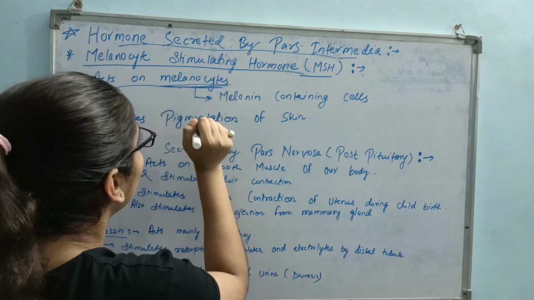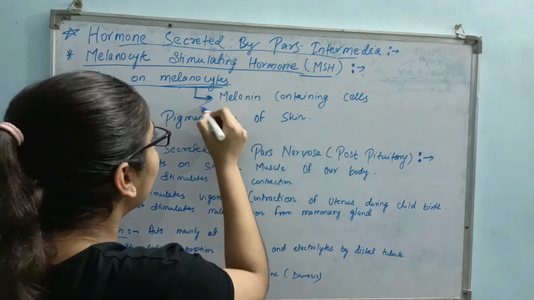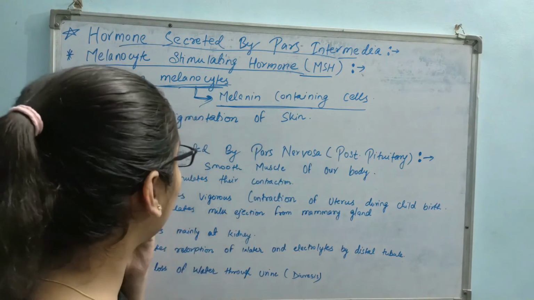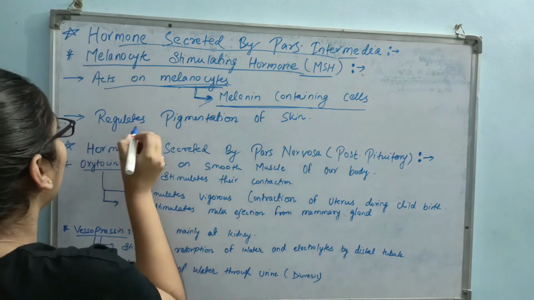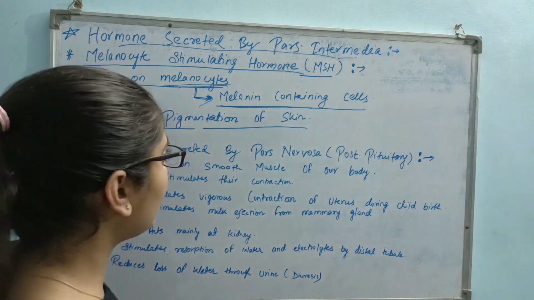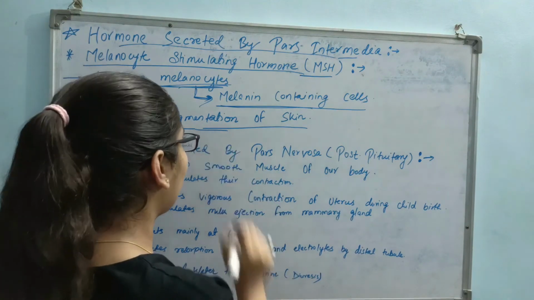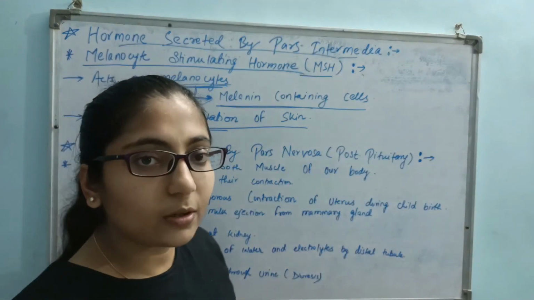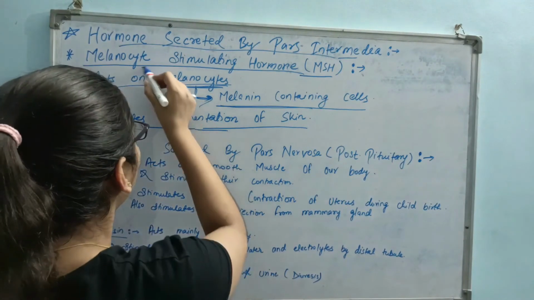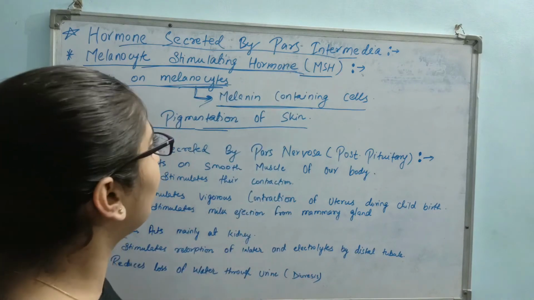What is a melanocyte? It is a melanin containing cell. Also this hormone regulates the pigmentation of the skin, that is, who is fair or who is dark. It is decided by this hormone, melanocyte stimulating hormone.